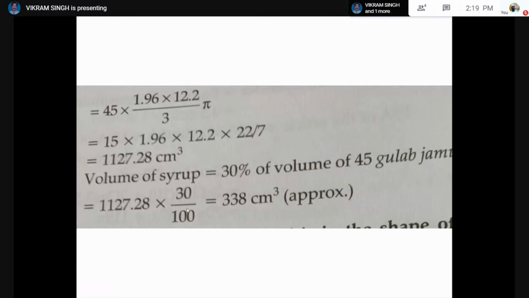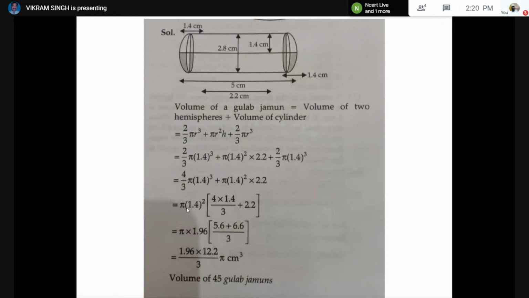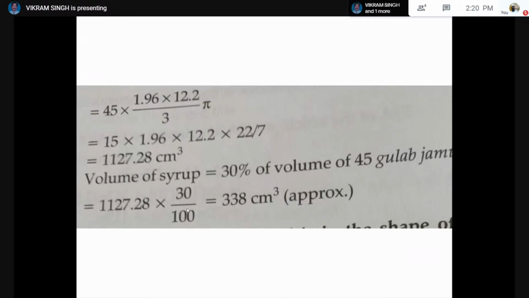So our answer will be 338 centimeter cube, which was asked in the question. In the question, it is demanded to find approximately how much syrup would be found. So our answer will be 338 centimeter cube.